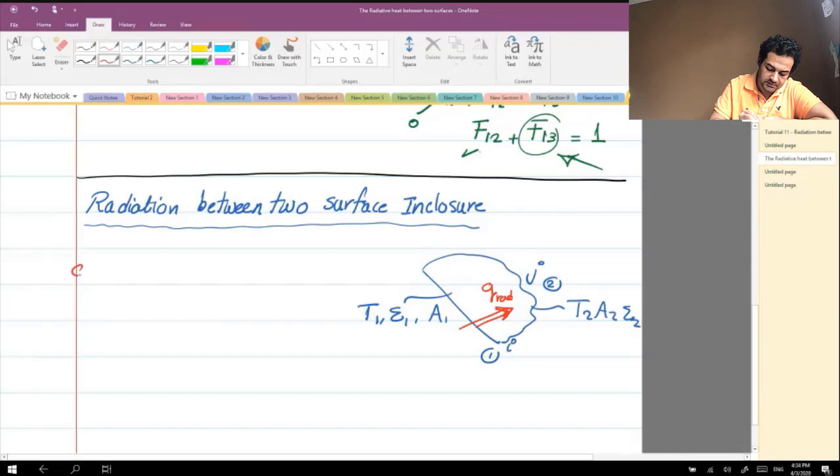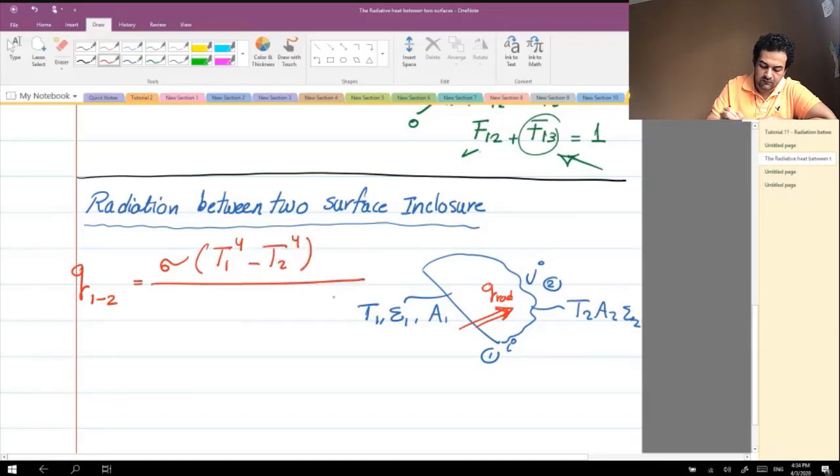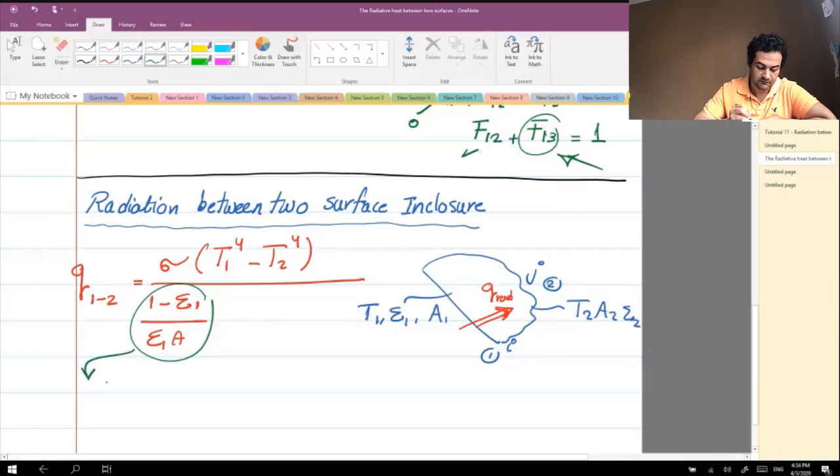So Q radiation from 1 to 2 is going to be sigma (T1 to the power 4 minus T2 to the power 4) over the summation of the resistances. We have 3 resistances here. The first one, (1 minus epsilon 1) over (epsilon 1 A1), we call the surface resistance, or the surface radiative resistance.